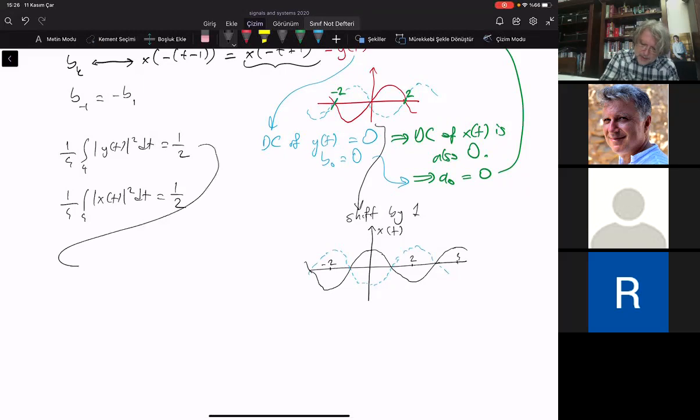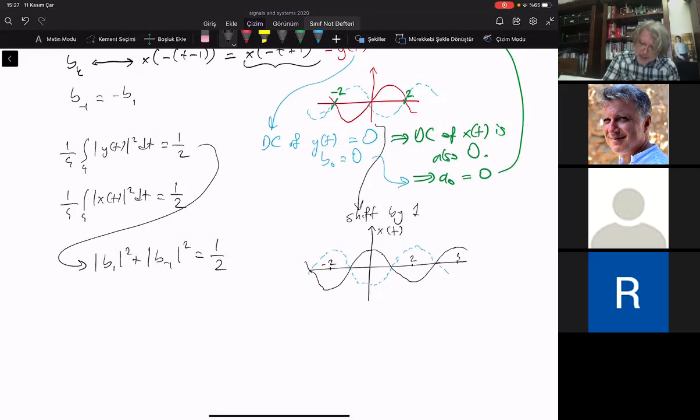from where we can see that b1 square plus b minus 1 square, which is the power in Fourier series from the Parseval's relation, which was property number 7 from our previous notes, is equal to 1 over 2.